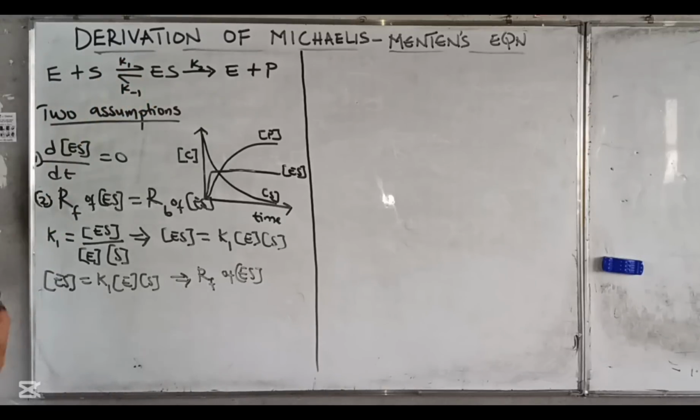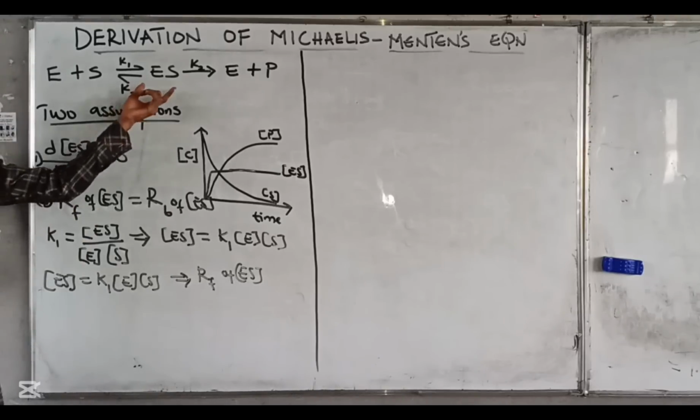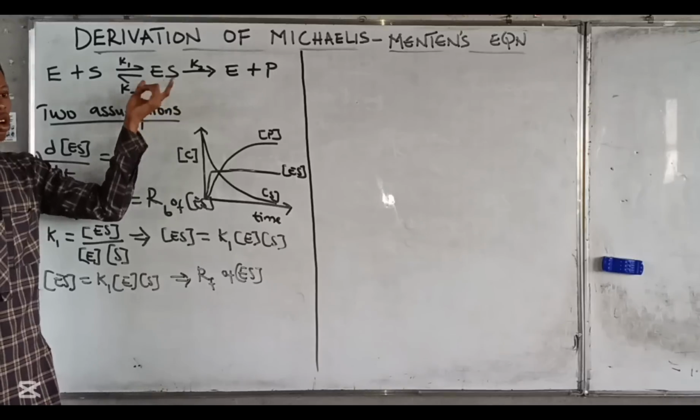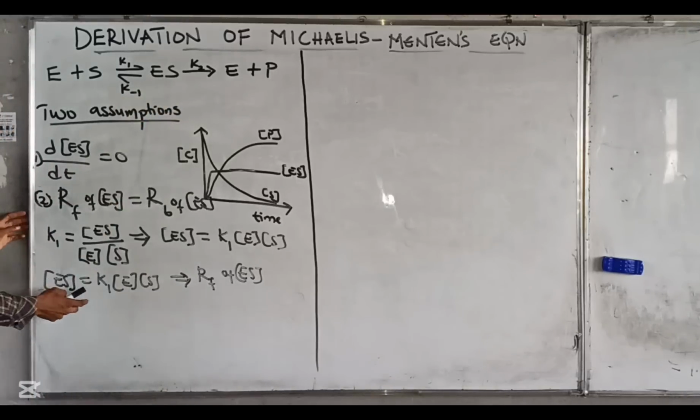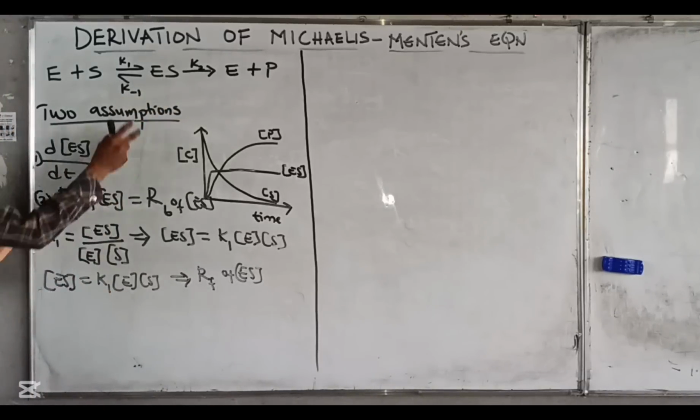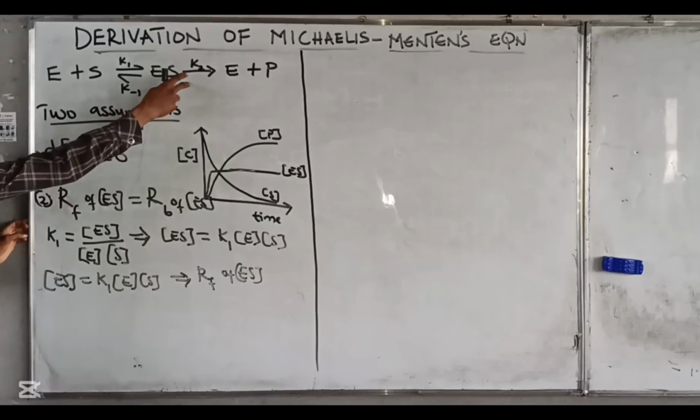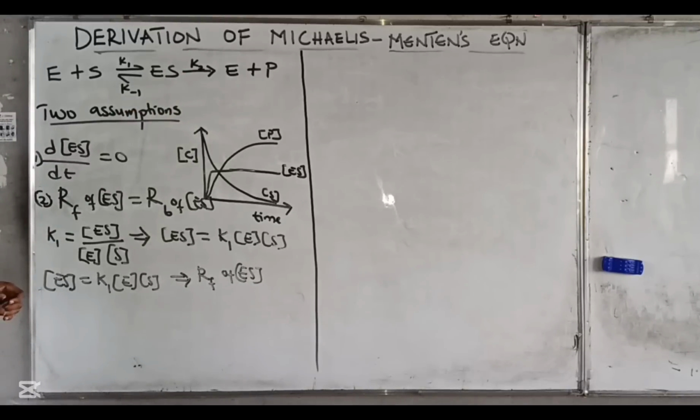Now, the second thing we'll consider: what if we want to consider the rate of breakdown of ES? If the rate of formation of ES is kinetic constant times this, what will be the rate of breakdown of ES?